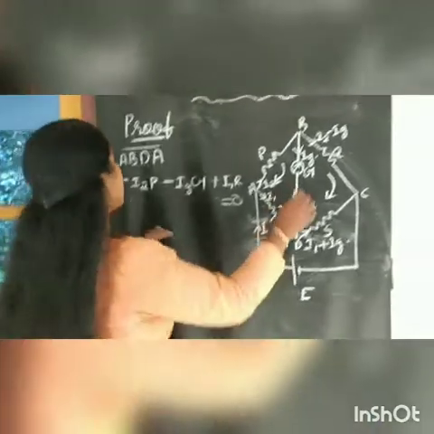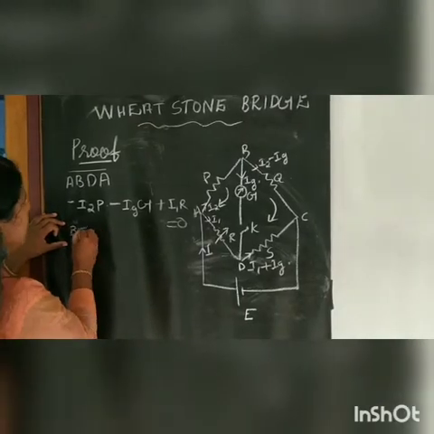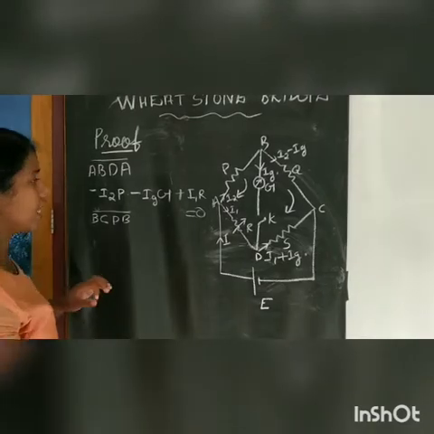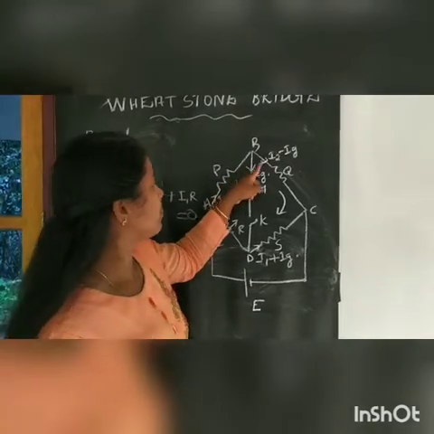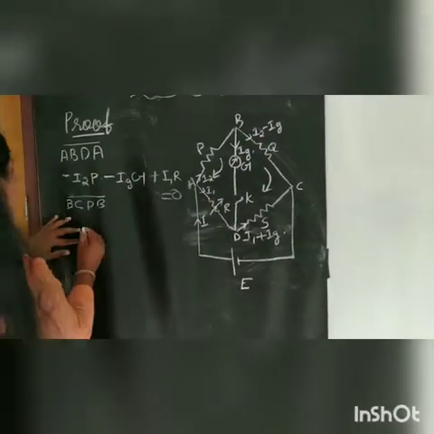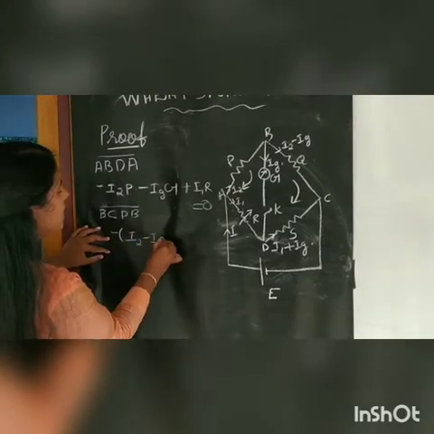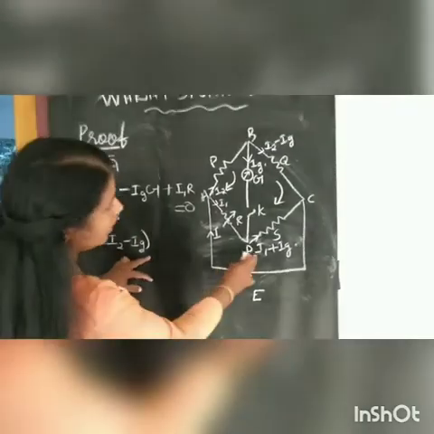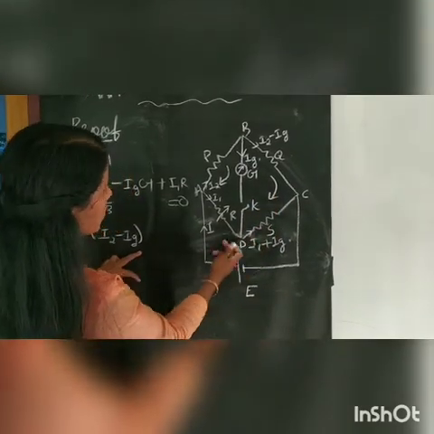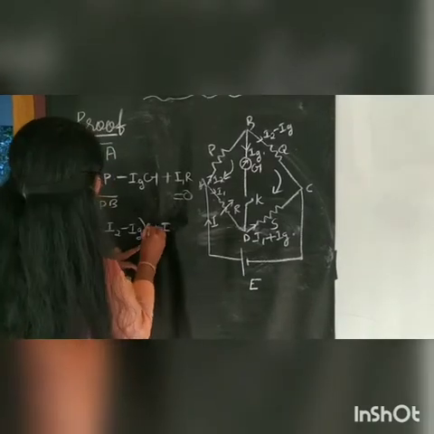Second case: which loop do we have to consider? The closed loop B, C, D, B. In this case also, the resistor is traversed in the direction of current, so we take minus. Here it is minus I2 minus IG into Q. Then plus I1 into R will come.